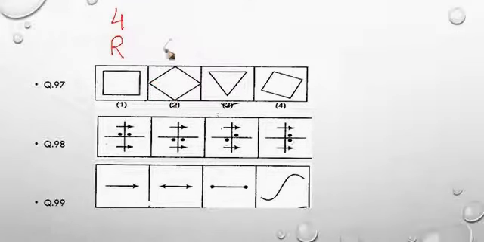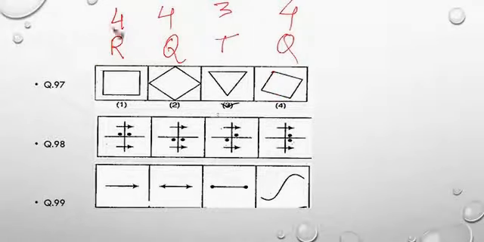The design is a quadrilateral, it has got 4 sides to it. The next option, option 3, has got a triangle which has got 3 sides. Next option, option 4, has got a quadrilateral which has got 4 lines.